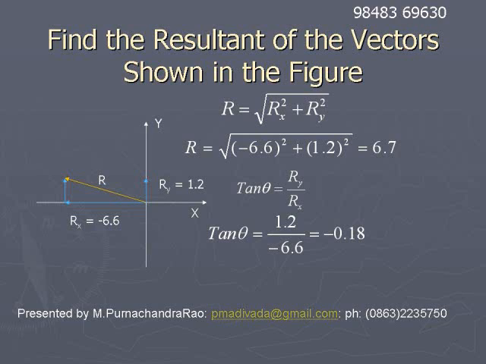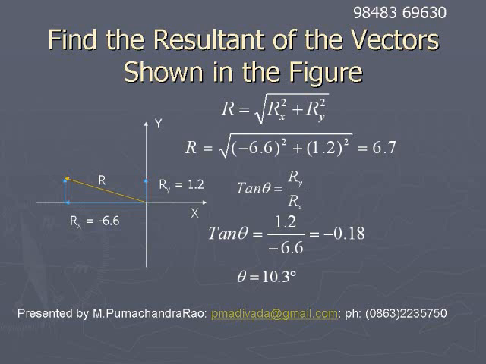Because we know that the vector lies in the second quadrant, where tan is negative, it is enough if you take 0.18. Tan theta is equal to 0.18. From tables we can find the value of theta, which will be obtained as 10.3 degrees. So R makes an angle 10.3 degrees with Rx.